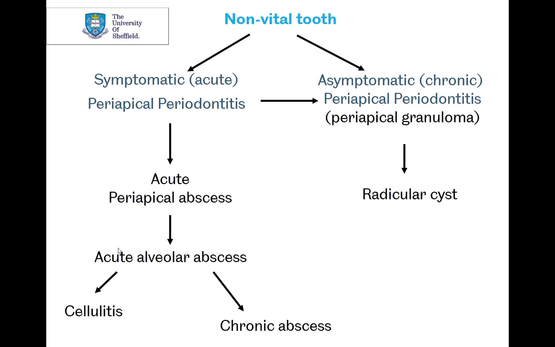Now, as with all these things, what you actually get clinically in a patient is a balance between host factors and the bacterial factors, and everything is held in a balance, and it may be that balance tips towards the patient having a symptomatic periapical periodontitis, which may resolve to or settle down to a chronic periapical periodontitis, but that can have later flare-ups and go back to an acute periapical periodontitis. So there is a way in which you can move between the acute and chronic forms of this, and that's what happens for many patients.